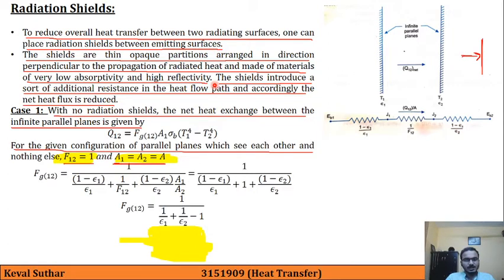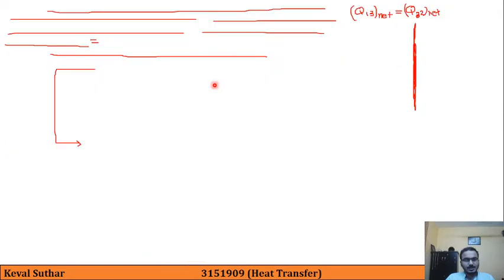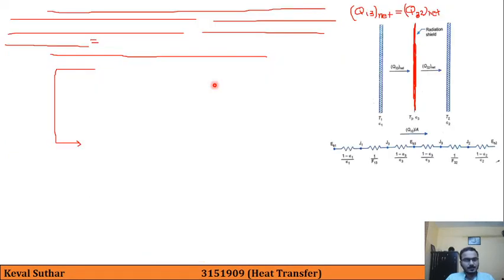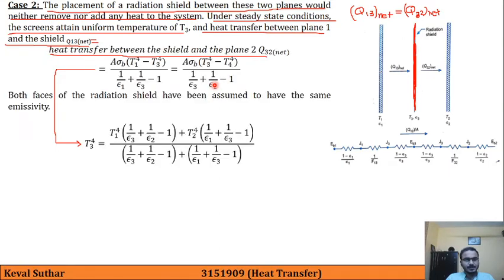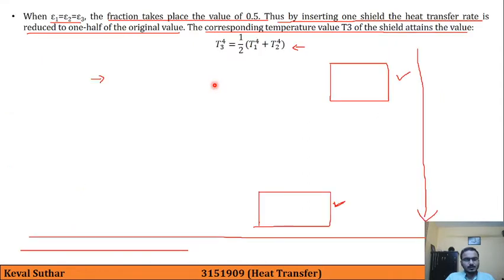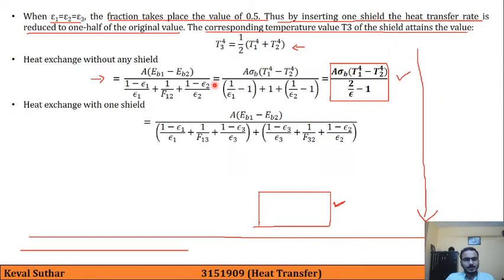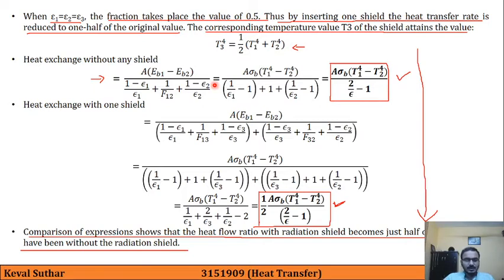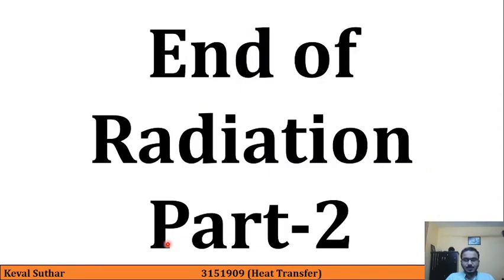First is in which there is no radiation shield, and second case is with radiation shield. So we compared and we obtained here that comparison of two expressions shows that the heat flow ratio with radiation shield becomes just half of what it would have been without the radiation shield. So this was the end of radiation part 2 and completion of the whole radiation chapter.